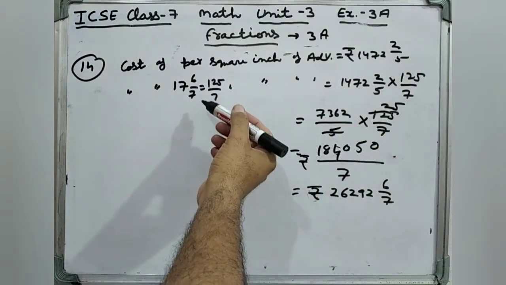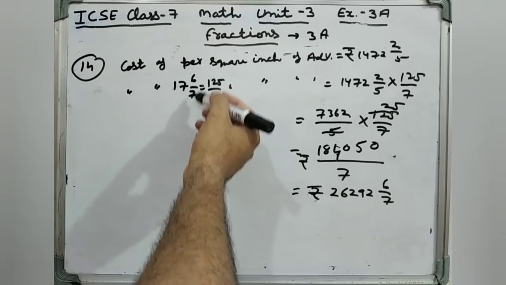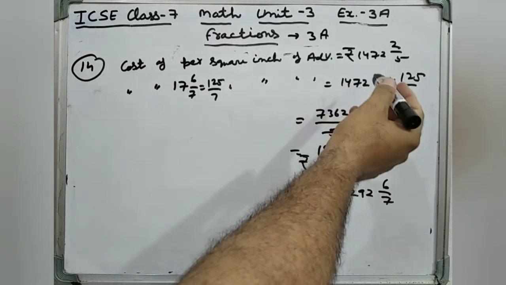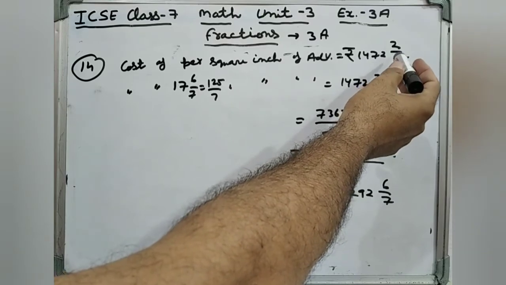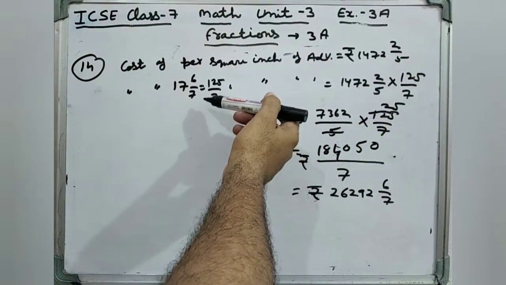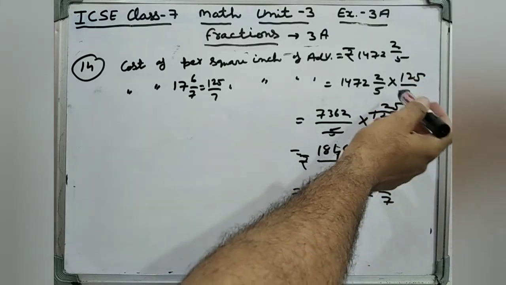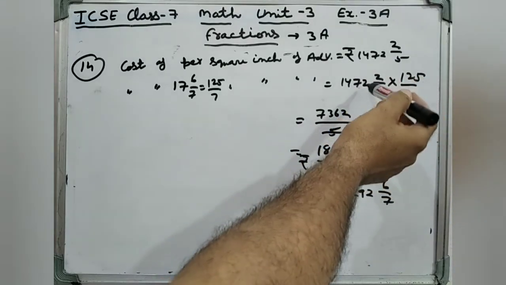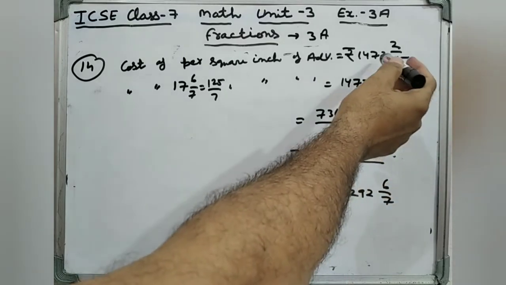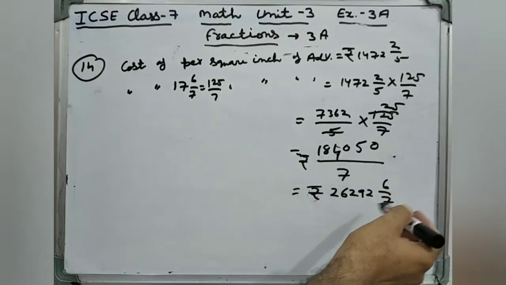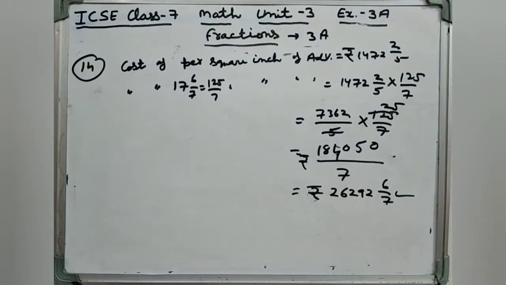Now we have to find the cost of 76 by 7 square inch of advertisement. Less space, less cost, more space, more cost. For more we have to multiply this. We will make a proper fraction of this, and multiply. By multiplying and dividing we have got this answer.